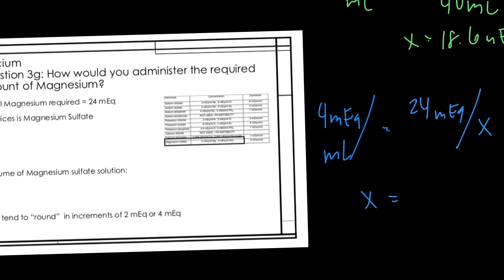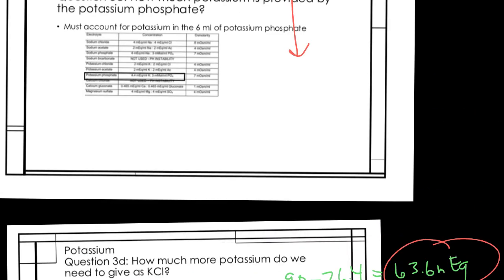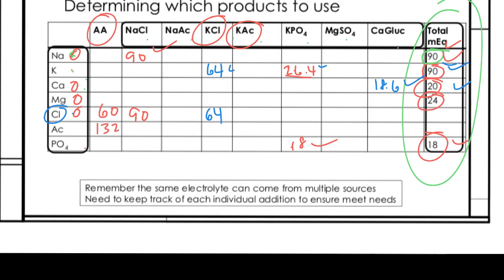So that's X equals 6 milliliters. So you're going to have 6 milliliters to provide 24 milliequivalents. That checks out. 24. You finished that.